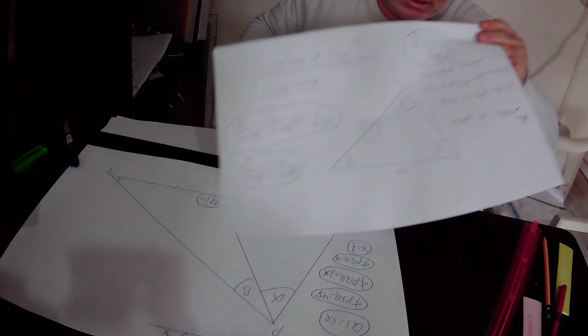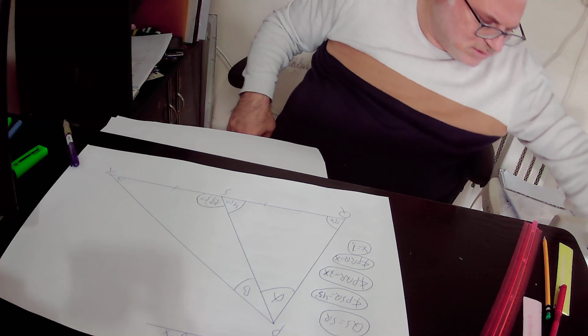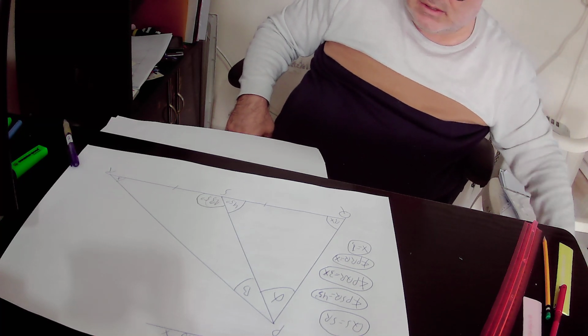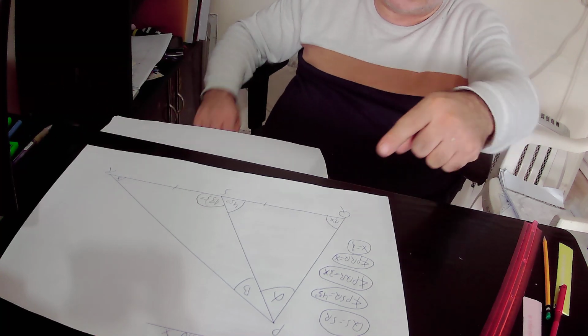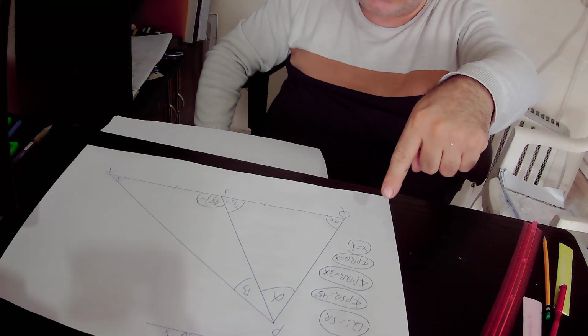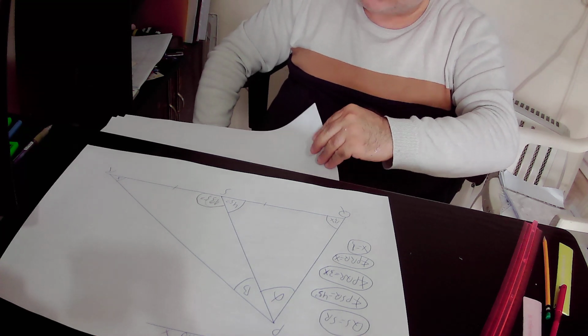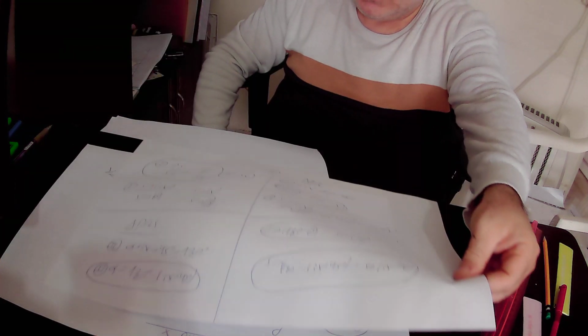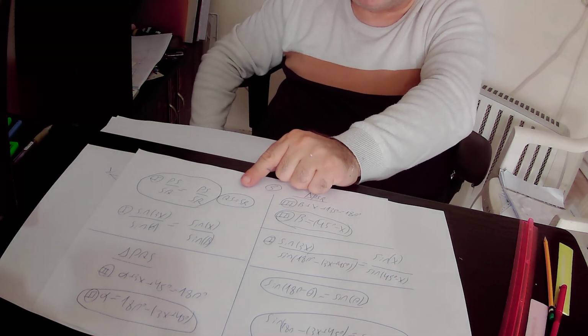Then we return to our original drawing. In our original drawing, we can create the equation PS over QS equals PS over SR. Why is this equation true?